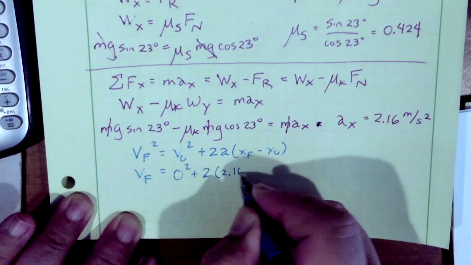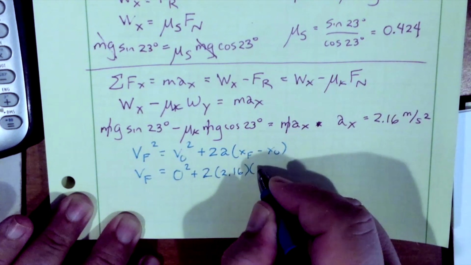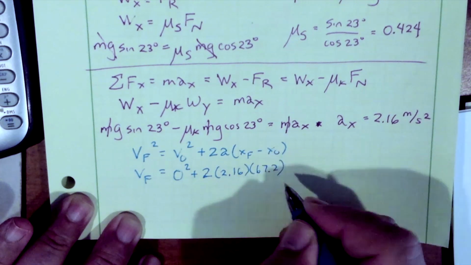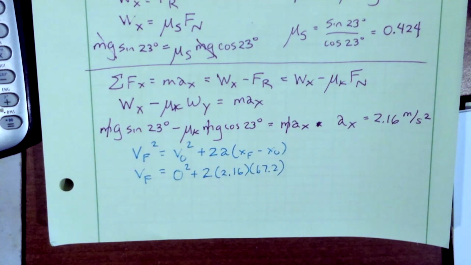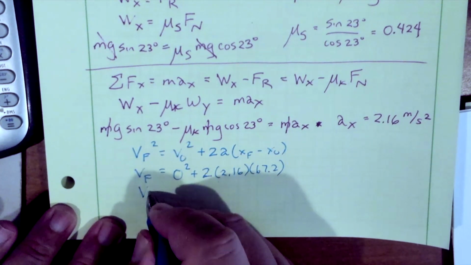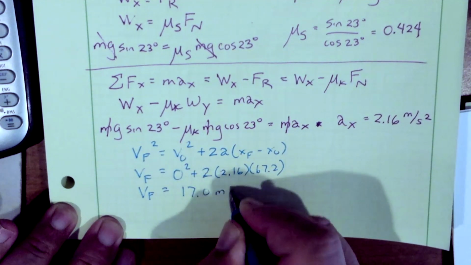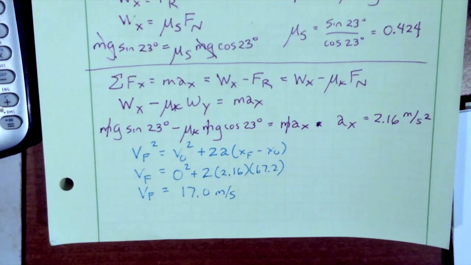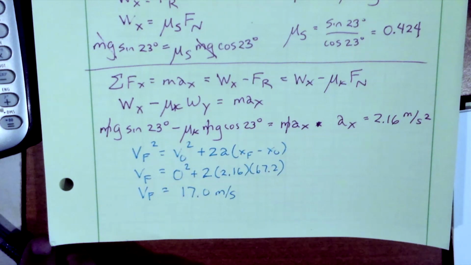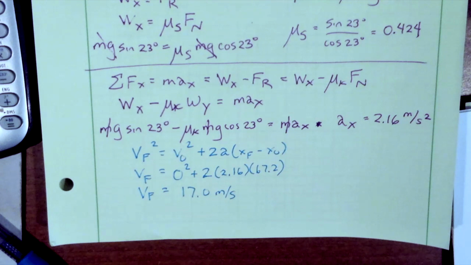The acceleration is now 2.16, but the displacement is the same as it's always been, 67.2. That gives us a final velocity of 17.0 meters per second. So her new speed at the bottom of the slope with friction is 17.0 meters per second.